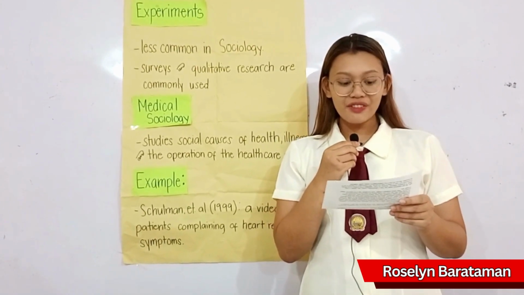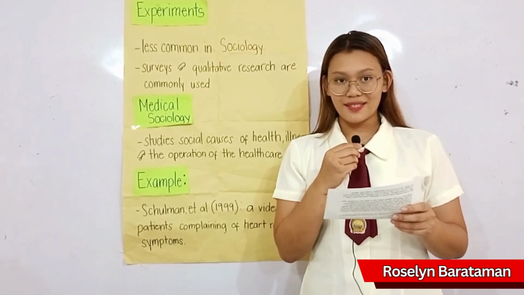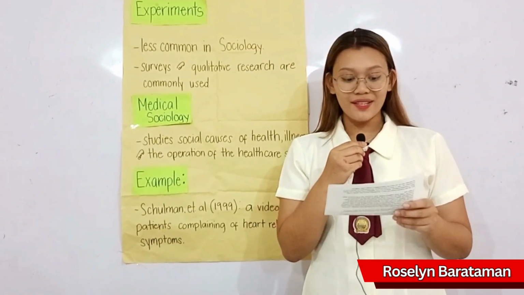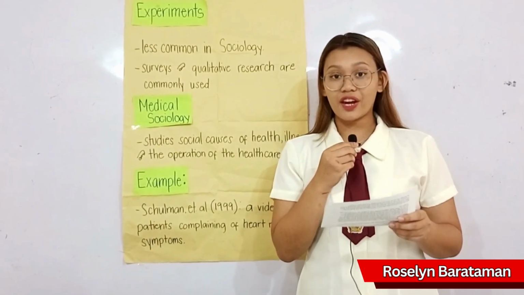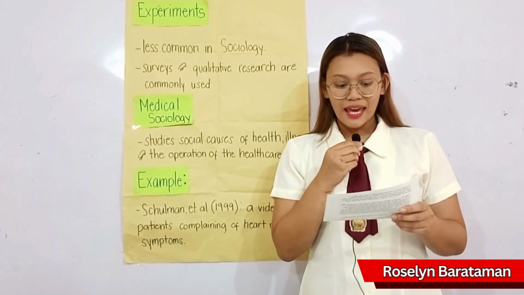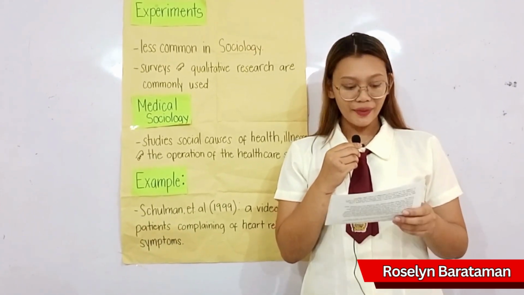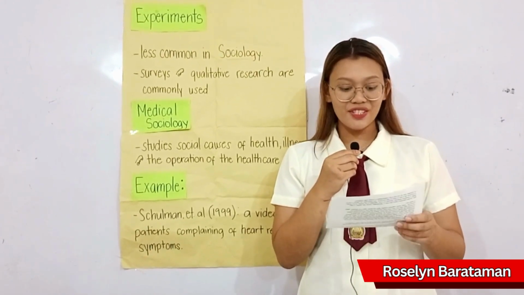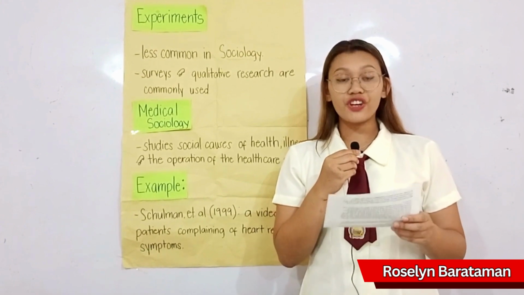Thus, it generally recognizes that health and illnesses have social causes, and also seeks to determine why some people are healthier than others, how and why healthcare operates the way it does, and the interventions to improve health and access to quality healthcare.